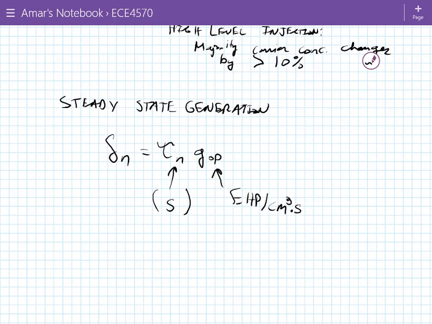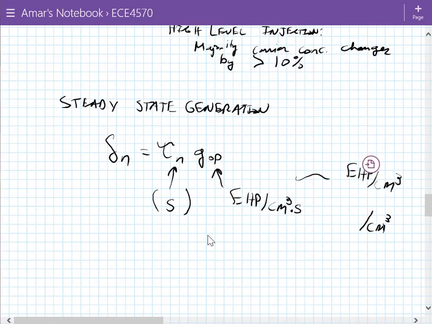So this then becomes electron-hole pairs per centimeter cubed, but we often just say 1 over centimeter cubed. We don't say electron-hole pairs. So Δn would be given in units of 1 over centimeter cubed.